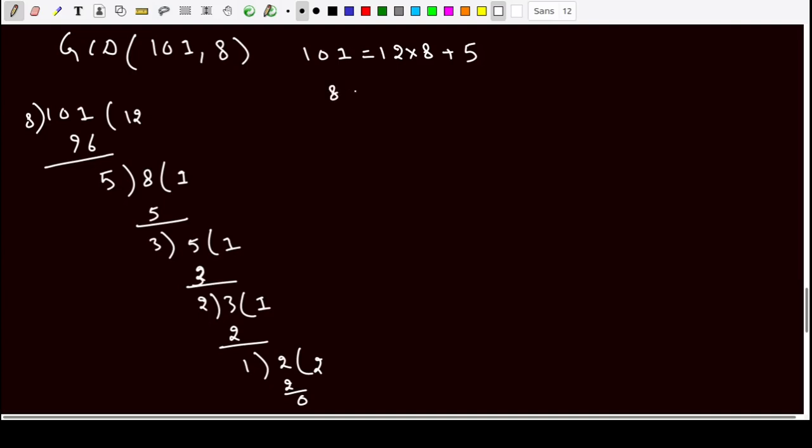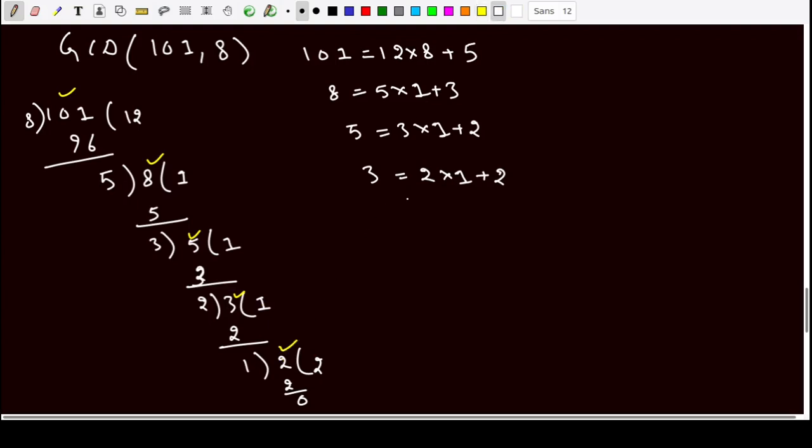Similarly, 8 equals 5 times 1 plus 3, and 5 equals 3 times 1 plus 2, and 3 equals 2 times 1 plus 1. I am going through the yellow marked items.